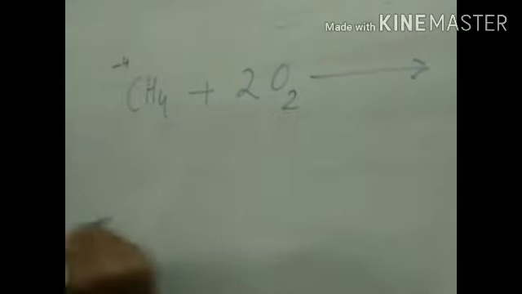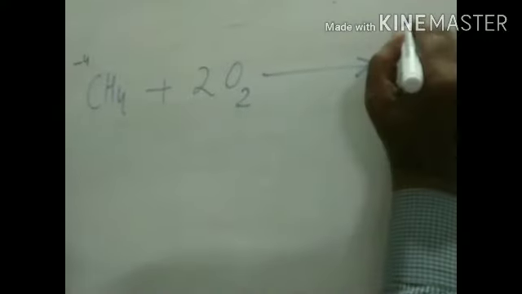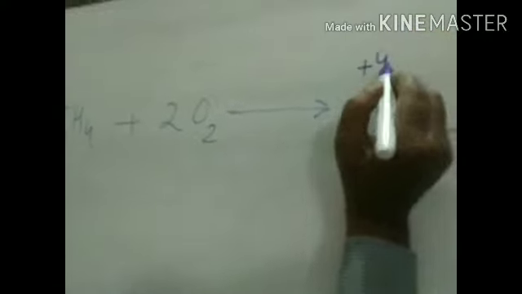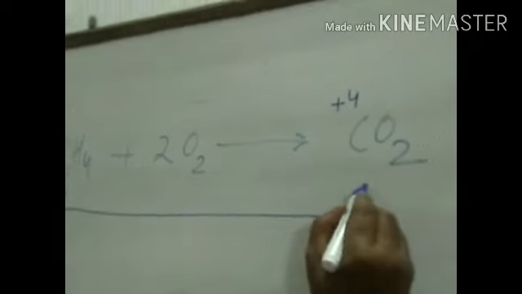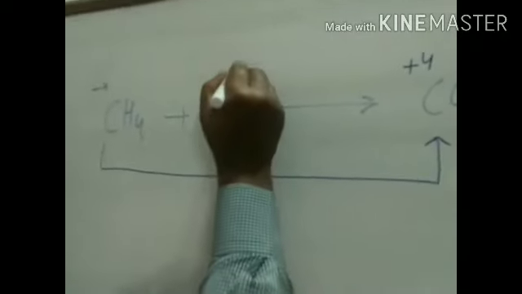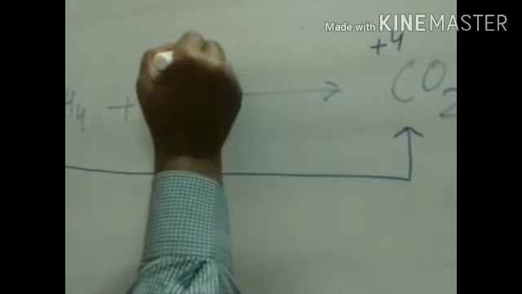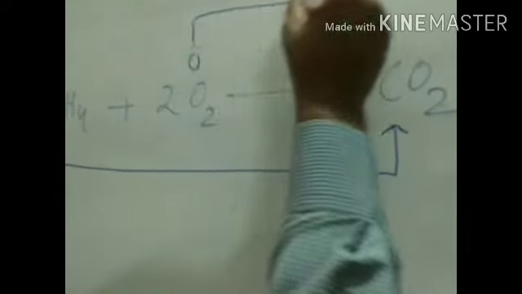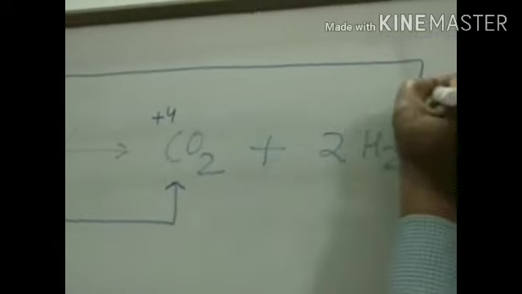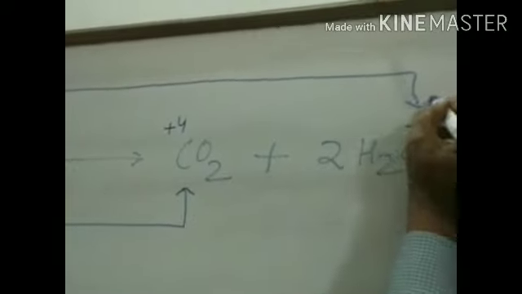Carbon is in -4 oxidation state. This carbon is in +4 oxidation state. So the oxidation number increases. Here oxygen is in zero oxidation state. Its oxidation number is going to be -2.